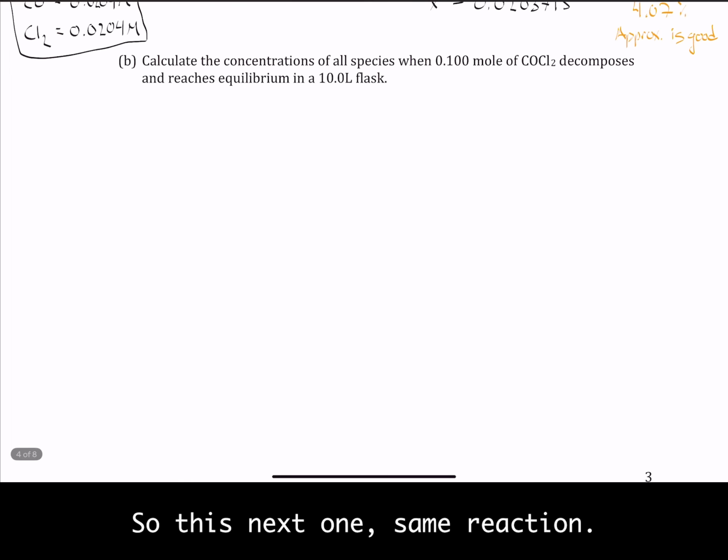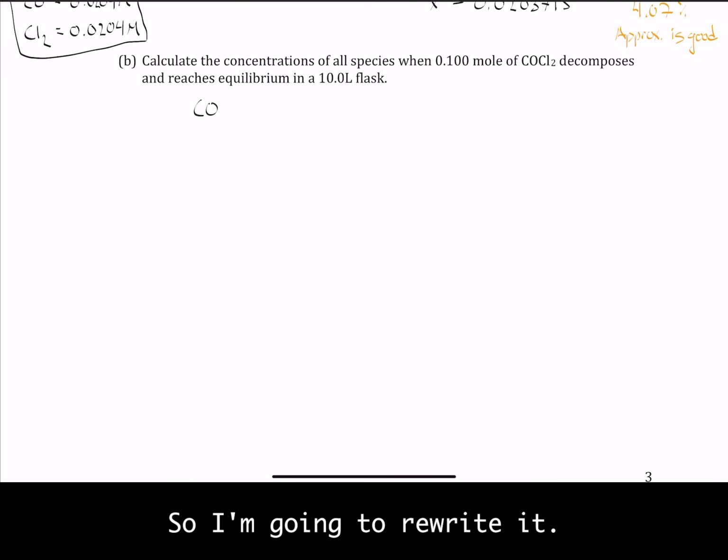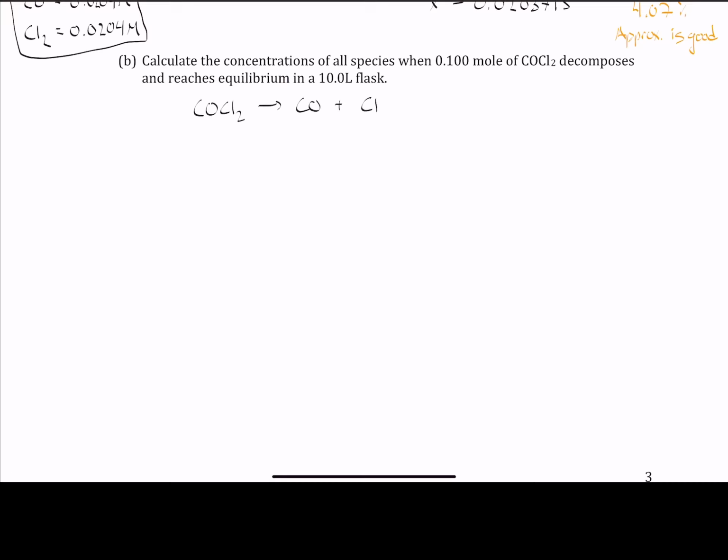So this next one, same reaction, so I'm going to rewrite it. We again have COCl2. Oh, it's 0.1 mole divided by 10.